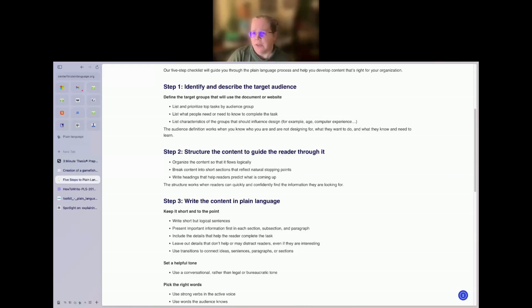But you also need to think about the structure. One of the pieces of advice that I see a lot on writing plain language is to think about your research in terms of a story. What is the story that you're trying to tell with your research? This has to do with how you're going to structure things, the language that you're going to use, and what you're going to include.